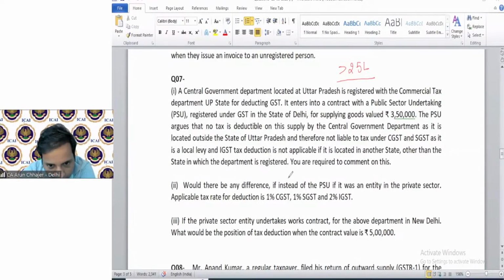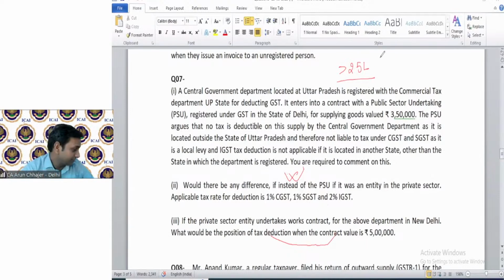Now, does it make any difference? Yes, it will create the difference because private entities are not exempted. So if they make the supply to a PSU, yes, the PSU has to deduct the TDS at the rate of 2%. If the private sector entity undertakes a work contract for the above department in New Delhi, what would be the position of the tax deduction? And the contract is 5 lakh.